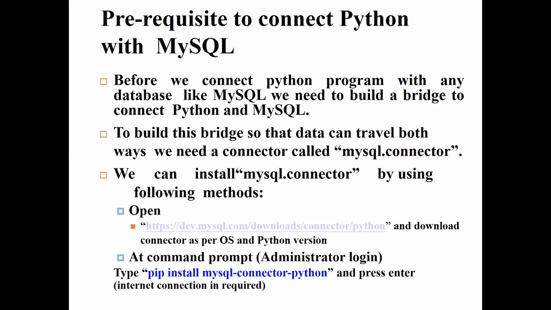How can you install it? In the command prompt, you have to type this command: pip install mysql-connector-python. You have to type this command in the administrator login. You have to open the command prompt and type this. Once you type this, the MySQL connector Python module will be installed for your Python.